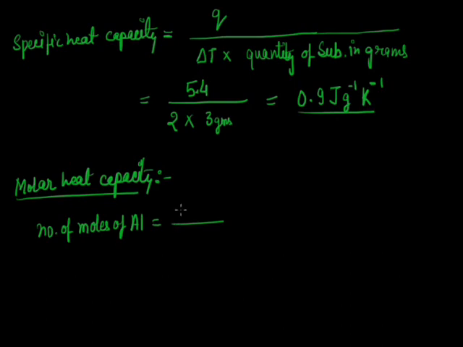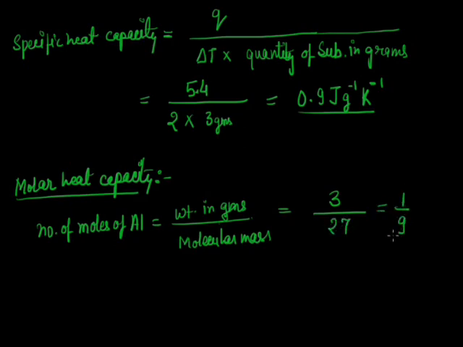The formula of mole is the weight in grams given divided by molecular mass or molecular weight. Here the weight of aluminium given is 3 and the molecular mass of aluminium is 27. So we can write 1 by 9.